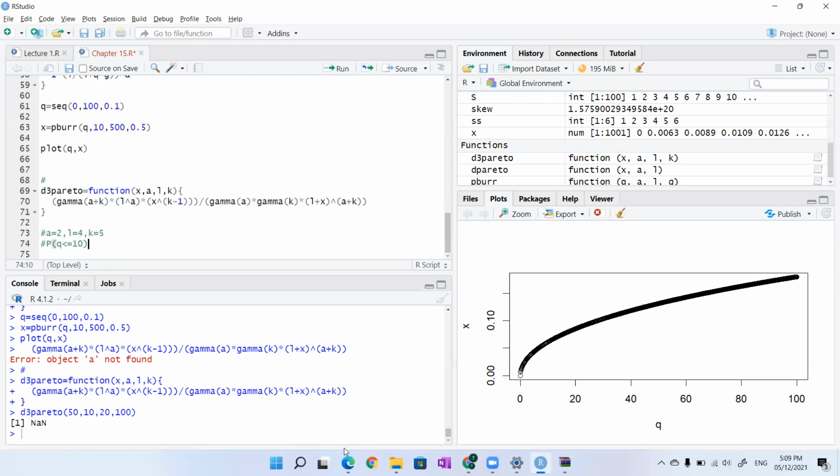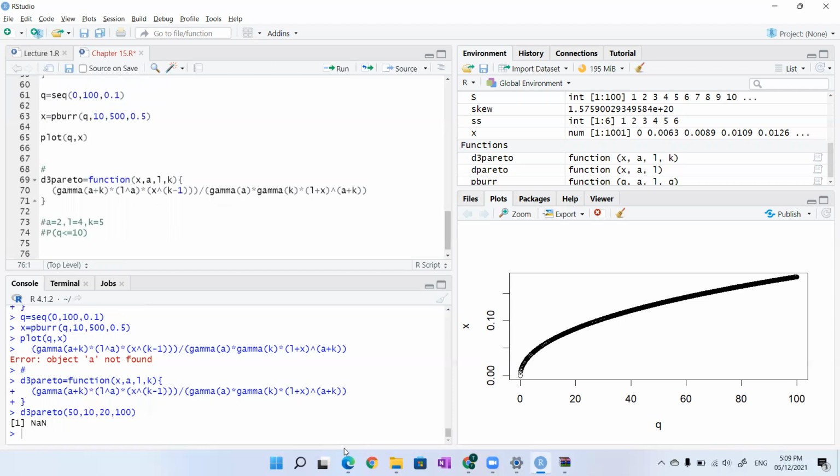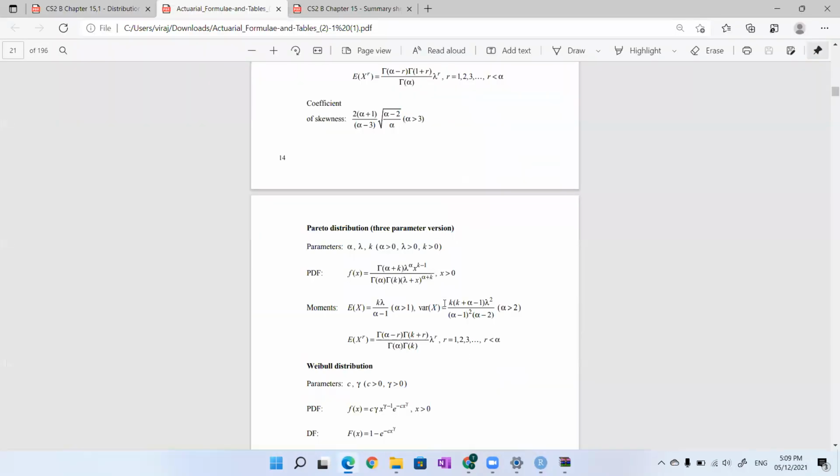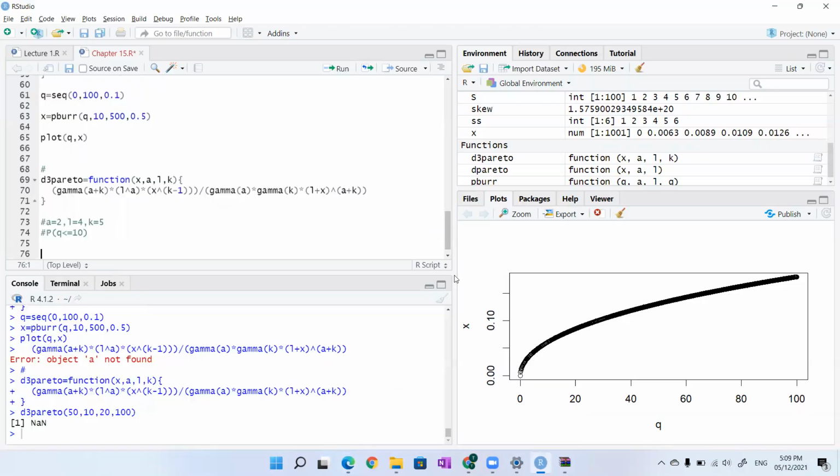So how do you find it? That's a good question. How do I convert PDF to CDF? Integration of your PDF is nothing but your CDF. This is greater than 0, so integration from 0 to 10 would give the probability. So let's find it.